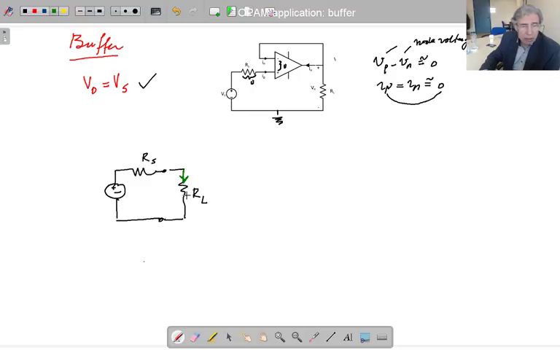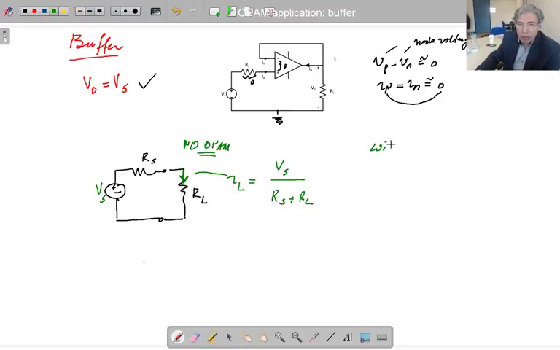Since these are connected in series, that IL current is equal to Vs over Rs plus RL. So what we have proved is, this is without an amplifier, let's say this is no op-amp.